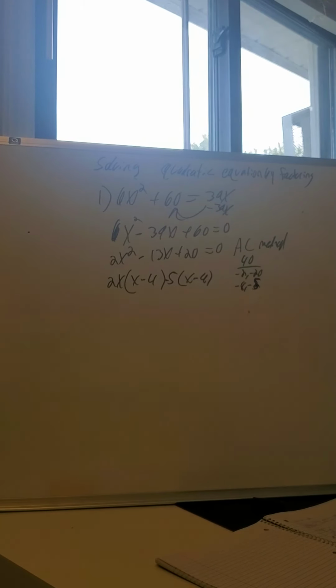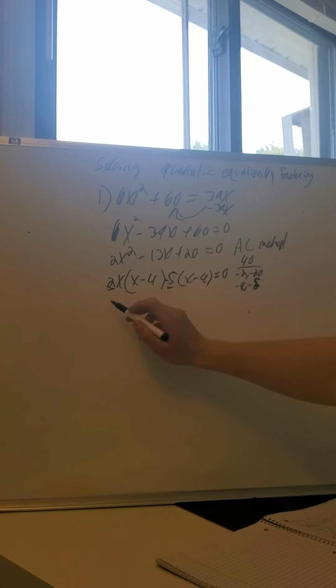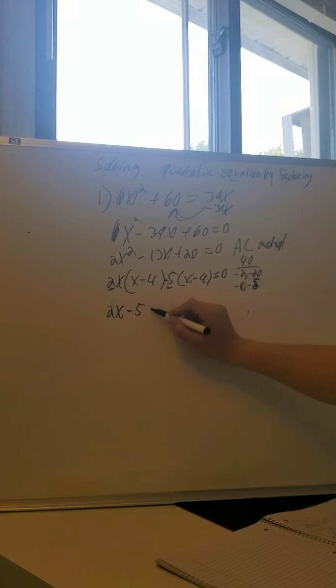Now, what is our next step from here? What we want to do is take both our coefficients and put them as a group. And let's not forget equal to 0. It's very easy to forget. This is still an equation. Now, we take both of our coefficients. We have 2x minus 5, and let's not forget equal to 0.